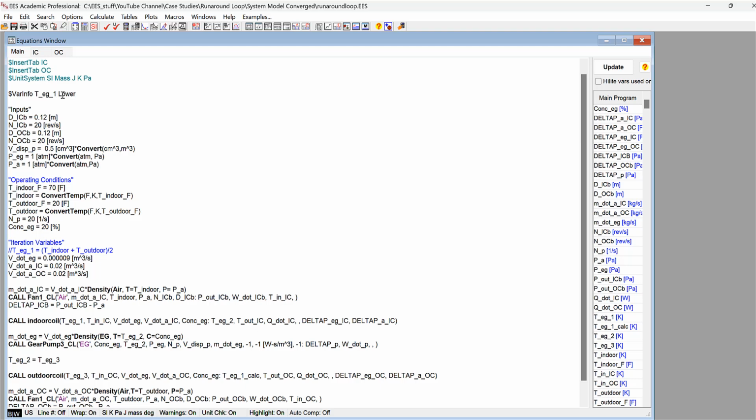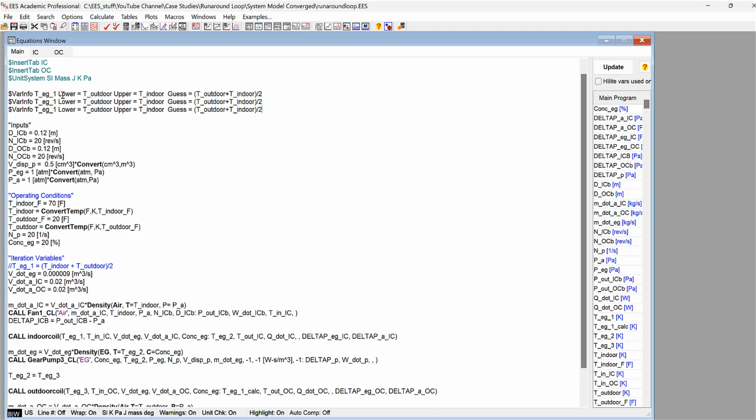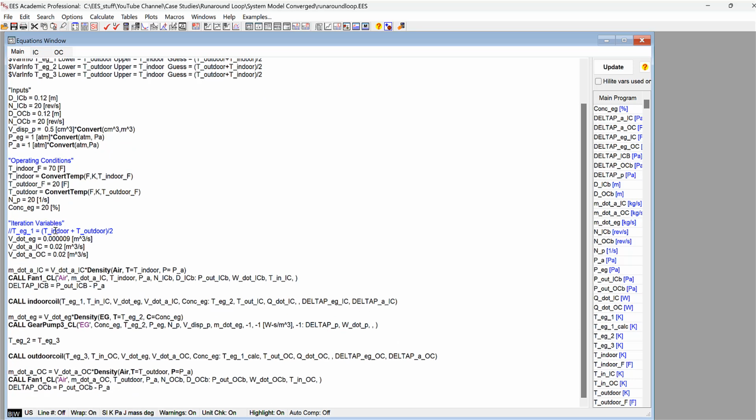Let's see, lower will be, I guess, T outdoors, the lower limit, and upper will be T indoor, and then guess is the average of those two. So T outdoor plus T indoor divided by 2. And just to be safe, I'm going to do that also for T ethylene glycol 2 and T ethylene glycol 3. So that's what I've done here.